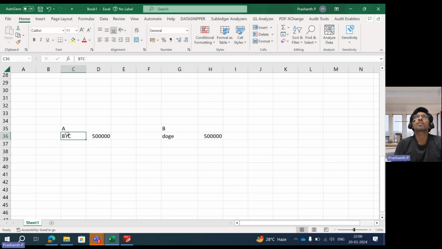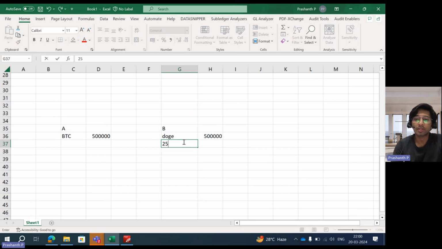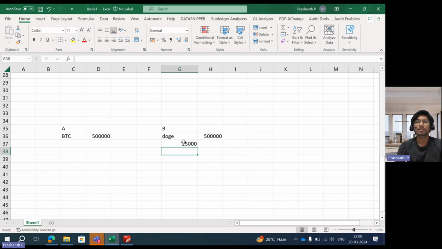So Mr. B will have around 5 lakh divided by, let's say, 20 rupees per Dogecoin, so 25,000 Dogecoins. And because the value of one Bitcoin is very high, let's say 2 Bitcoins.